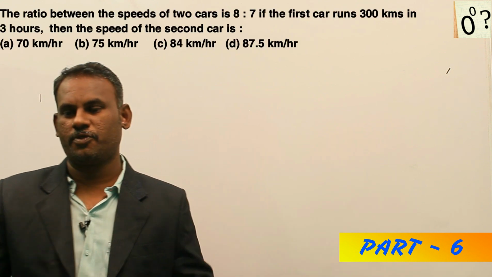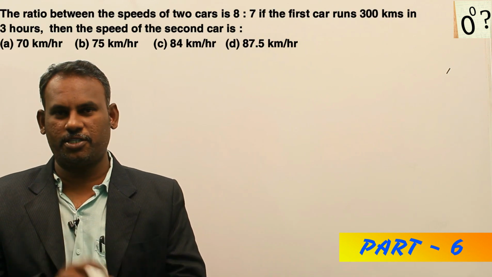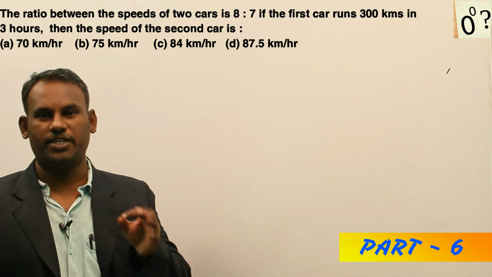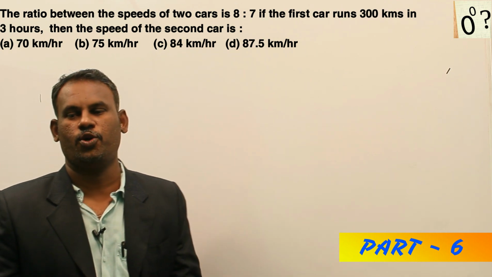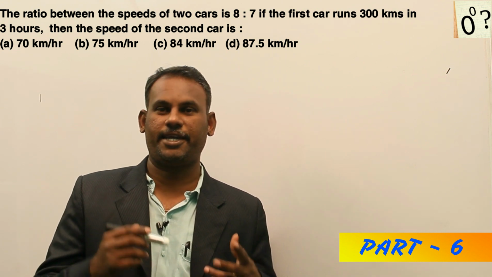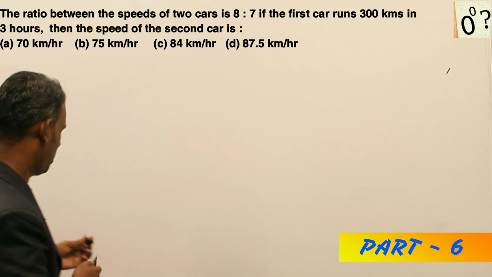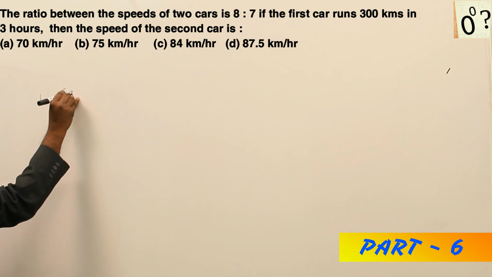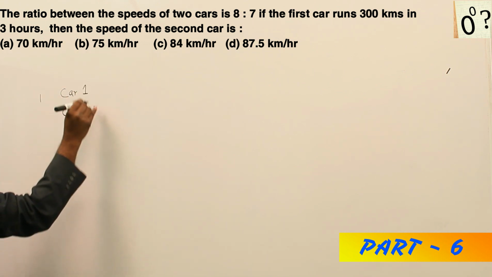The next question is, the ratio between the speeds of the two cars is 8:7. If the first car runs 300 kilometers in 3 hours, then what is the speed of the second car? Okay, the given data: car 1 and car 2.